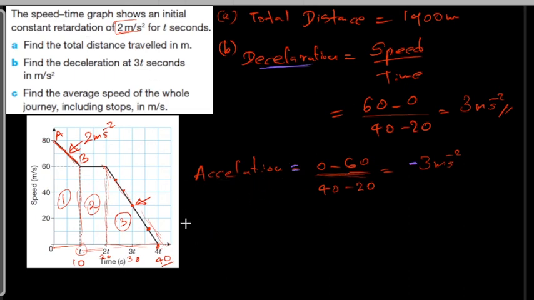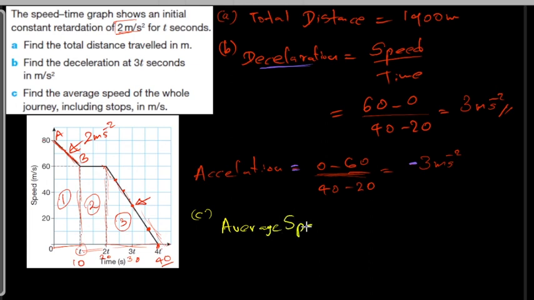Okay. Now for part C, what are they asking? Part C, they are asking to find the average speed of the whole journey, including stops, in meters per second. So what is the equation for average speed?